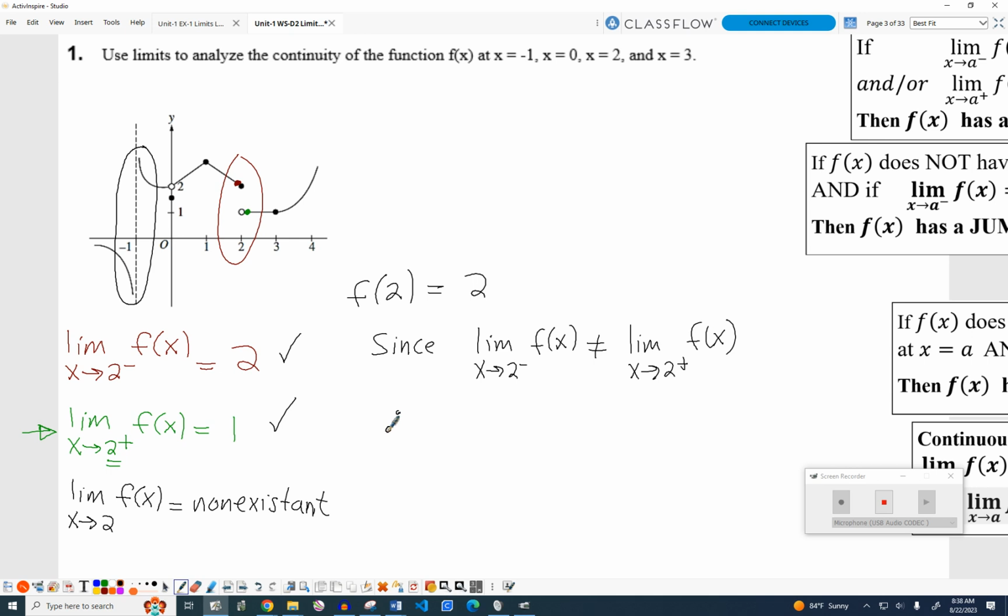Therefore, f of x has a jump discontinuity at x equals 2. That's what I would write, and get 2 points on the AP test for that. Questions?